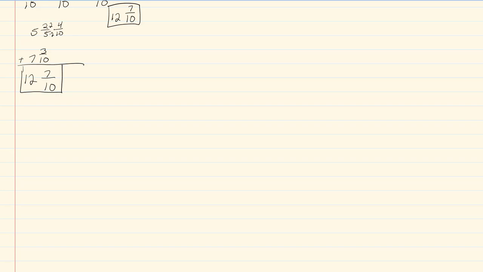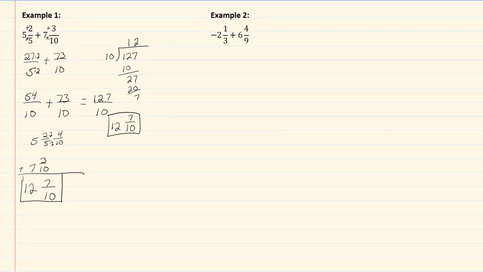Let's take a look at our second example. Again, I'm going to start with changing these to fractions. So I'm going to take 2 times 3 plus 1, which will give me a negative 7 thirds, plus 6 times 9, which would be 54, plus 4, which would give me 58 ninths. 9 is a multiple of 3, so 9 is going to be my common denominator.